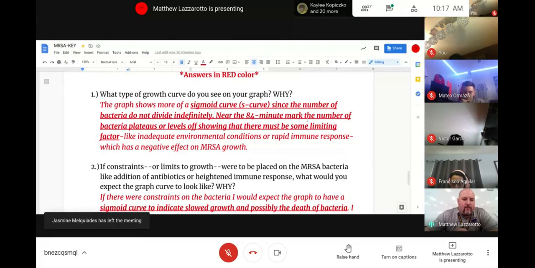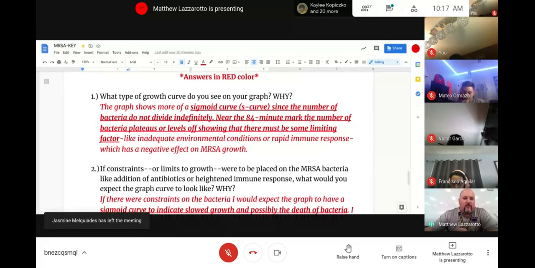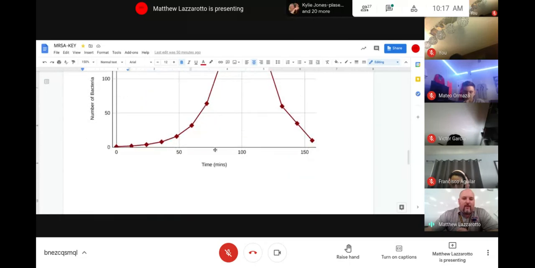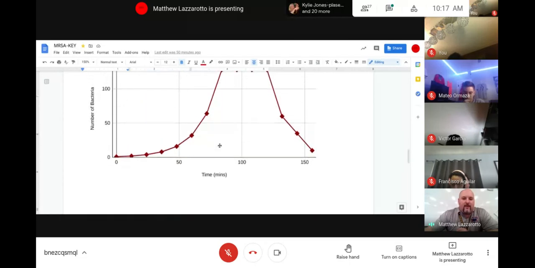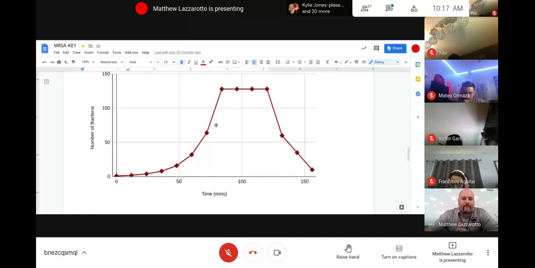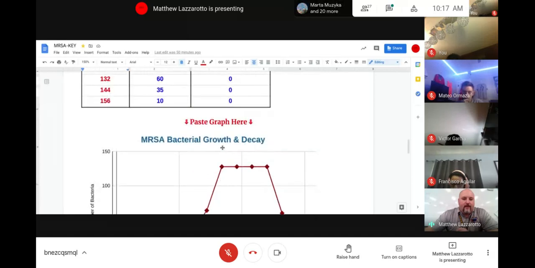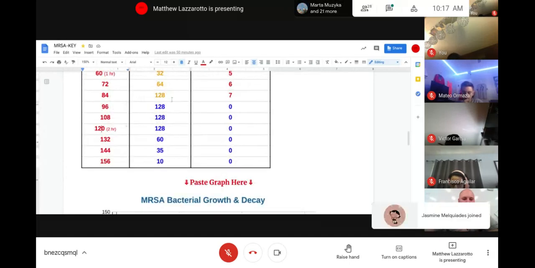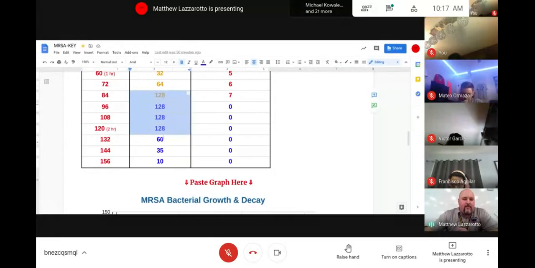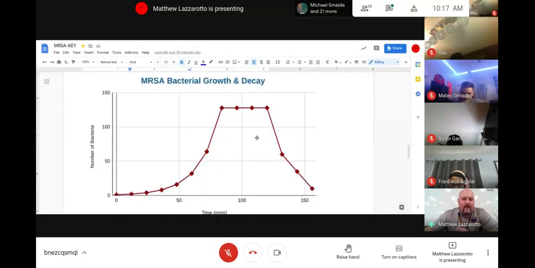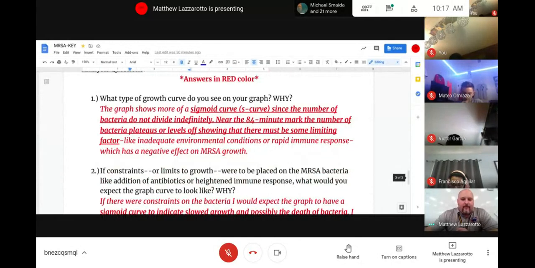Near the 84-minute mark, the number of bacteria plateaus or levels off. 84-minute mark is right around here. We look in here, we can see this is where we start to plateau, yeah? Right around the 84-minute mark. We see that in our image, our graph.